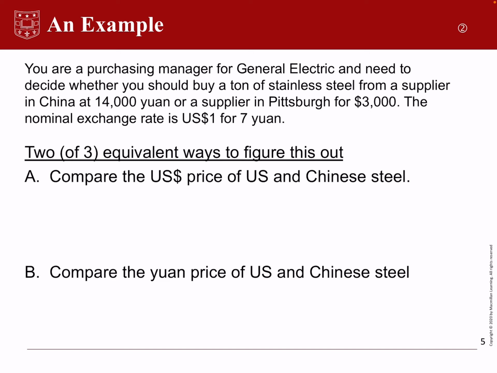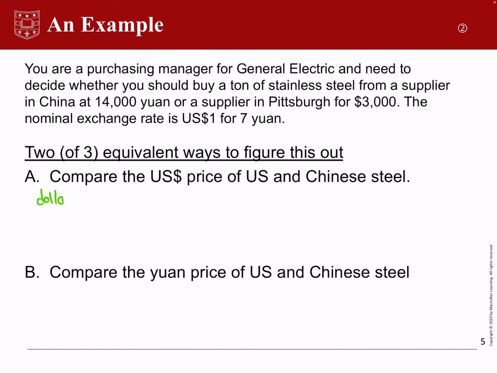So, one thing that you could do is to compare the dollar price of US steel and Chinese steel. So we know that in the United States, a ton of steel is going to cost $3,000. But what we need to do to make this comparison is to calculate the dollar price of Chinese steel.